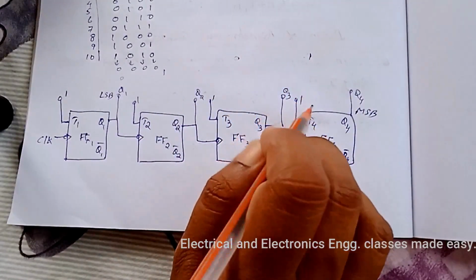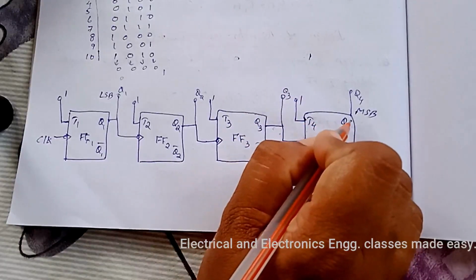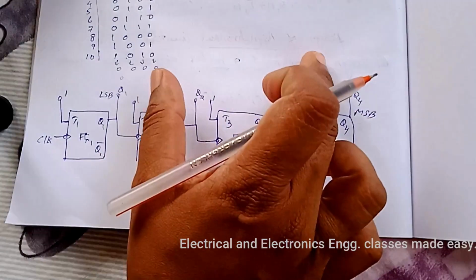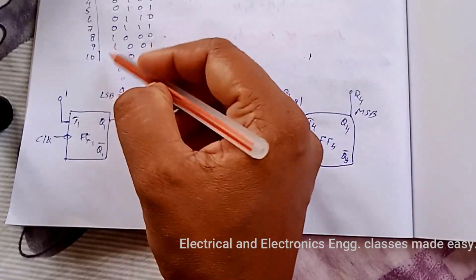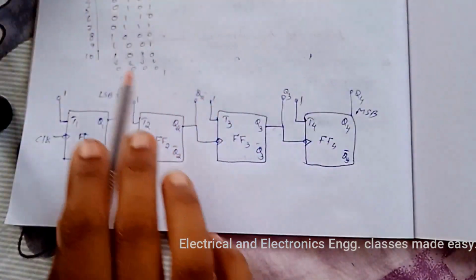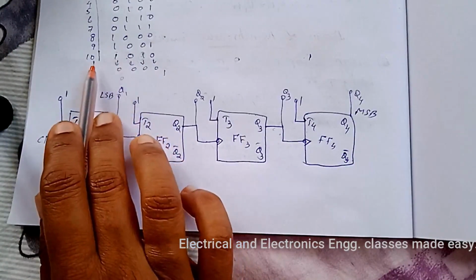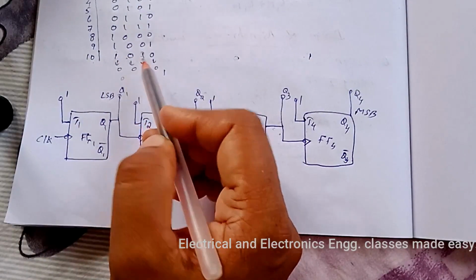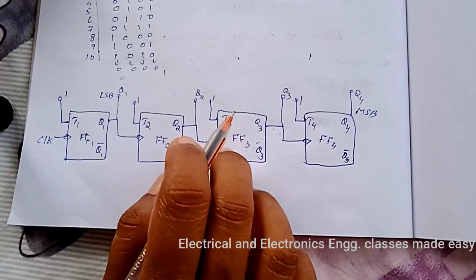So for that, Q4 output and Q2 output, that is 1, 1. Here 1, 1 comes when Q4 and Q2 are 1. That is, when the 10th clock pulse is applied, Q4 and Q2 are 1. So we have to reset that value.